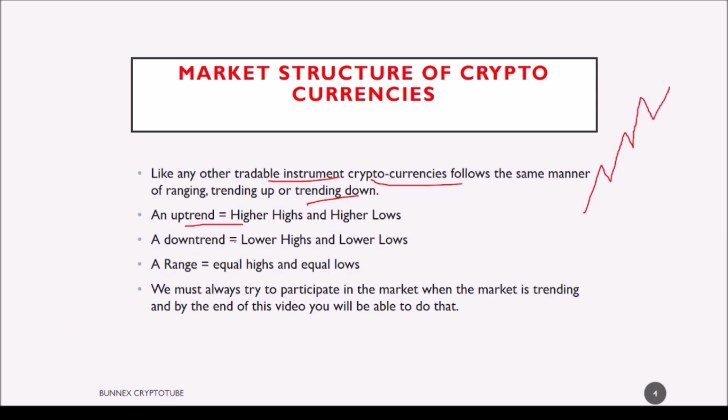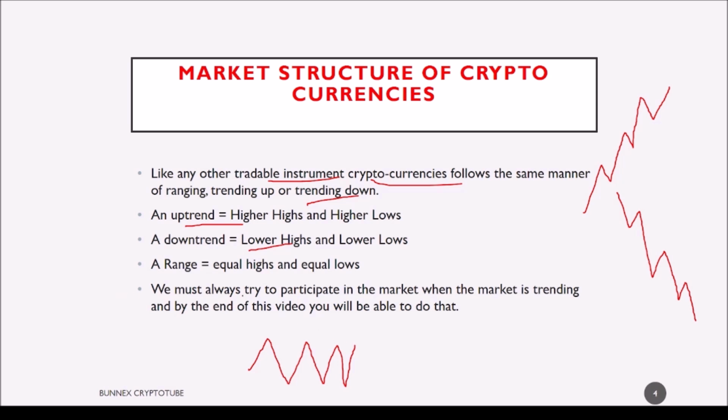Then a downtrend is basically a market that is presenting lower lows and lower highs, lower lows, lower highs, and so forth. Then a ranging market is a market that is presenting equal highs and equal lows. So these are basic concepts of trading. If you have been trading forex, stocks, or even indices, they usually present the same patterns.